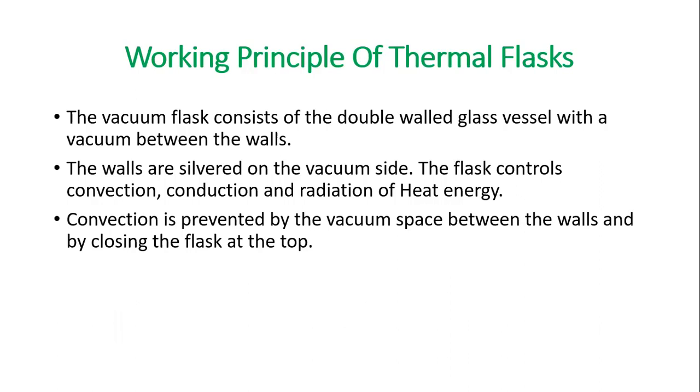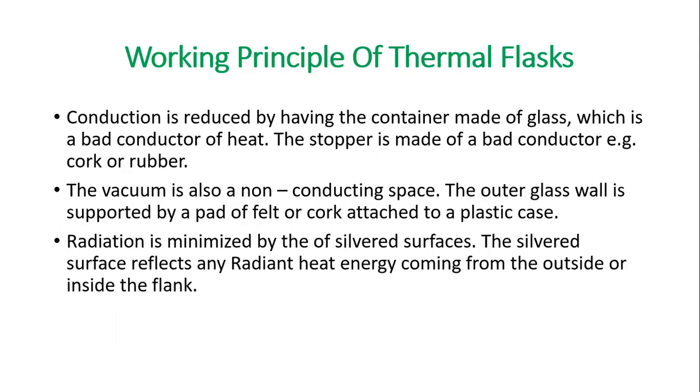Now, how it controls, let's start with convection. Convection is prevented by the vacuum space between the walls and by closing the flask at the top. So it means that there won't be heat losses by convection. Conduction is reduced by the container made of glass, which is a bad conductor of heat. We've seen that in conduction there could be good conductors and bad conductors.